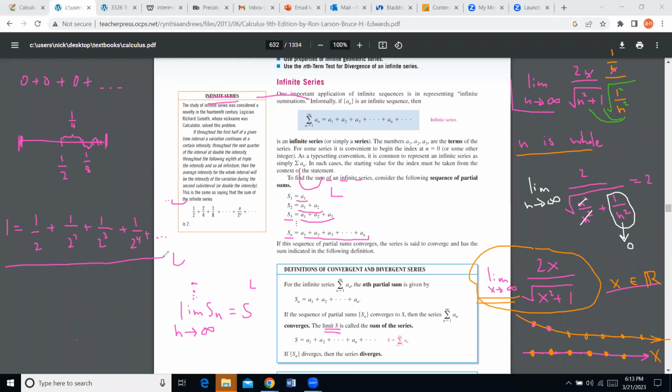But it doesn't have to be finite, it may be infinite, or maybe something that we can't find. So we have a way to get the algebraic expression for that entire series.